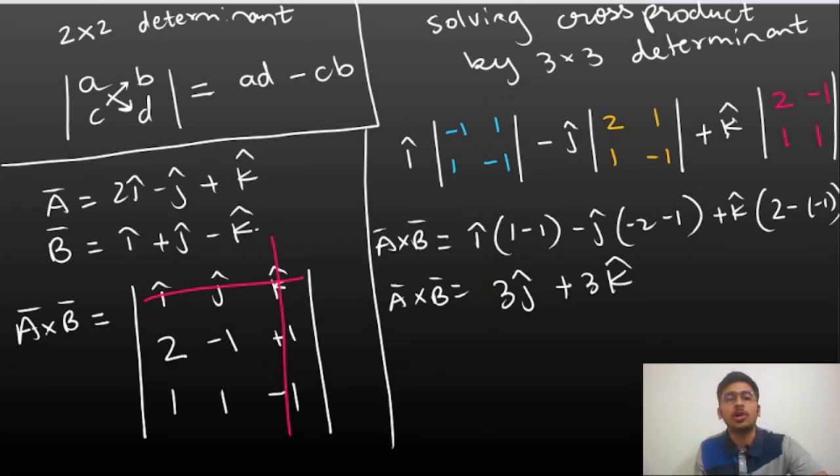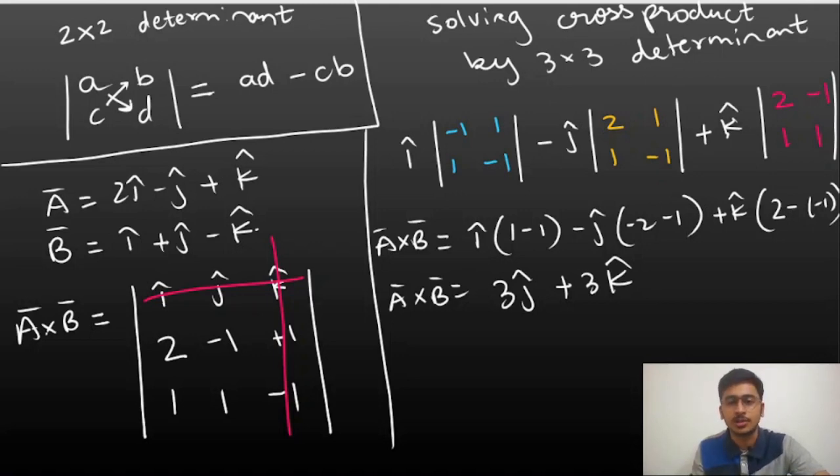So this is how you solve cross product using a 3 by 3 determinant. This might seem a bit difficult initially, but the only way to do this is to solve many questions. If you solve lots and lots of questions, it becomes easier to hide this and find out the 2 by 2 determinant and then solve it.